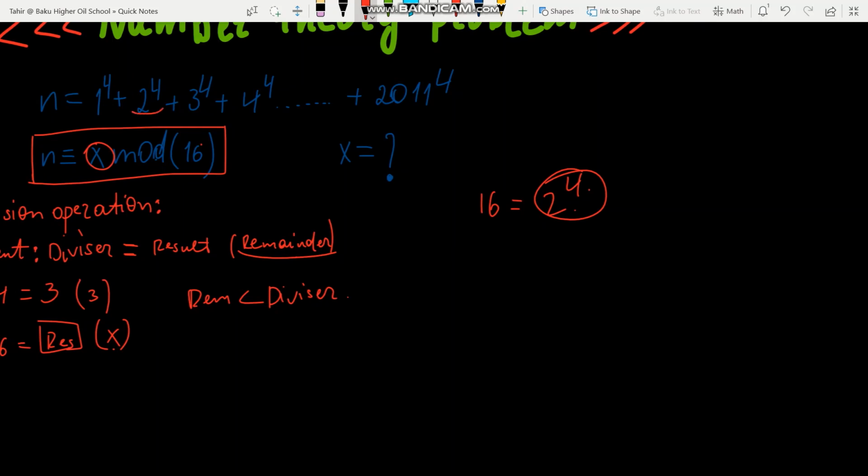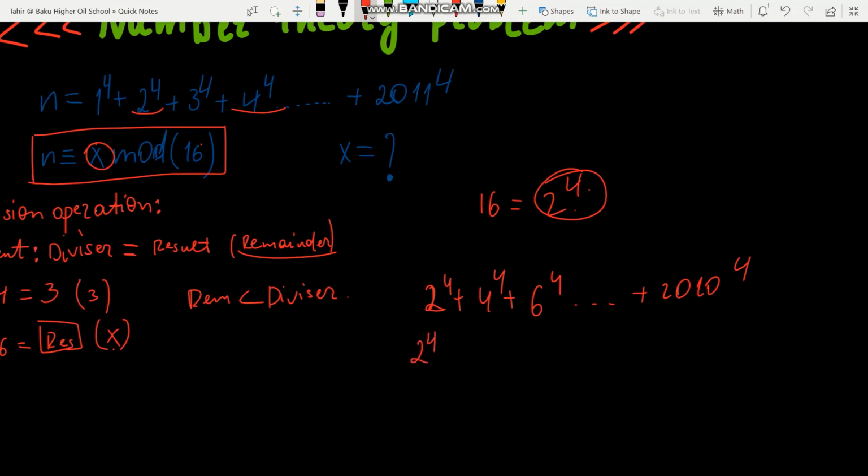Therefore, we have here the even numbers. For example, 2 to the power 4 plus 4 to the power 4 plus 6 to the power 4, and this continues till the end, 2010 to the power 4. All of them contain the 2 inside them.